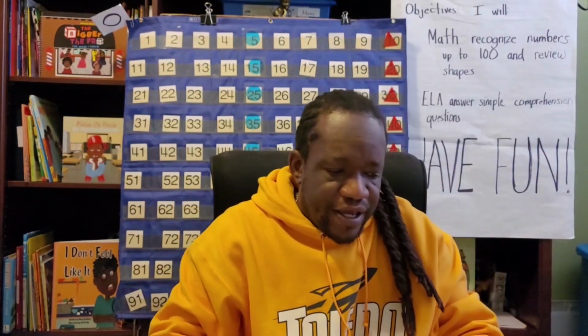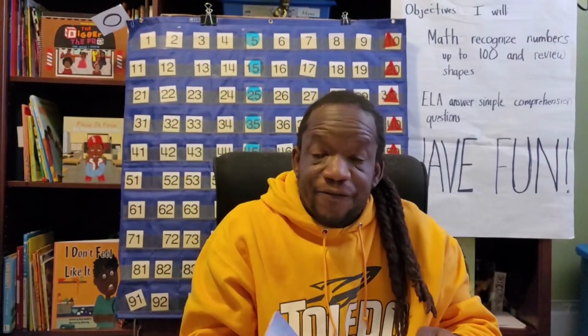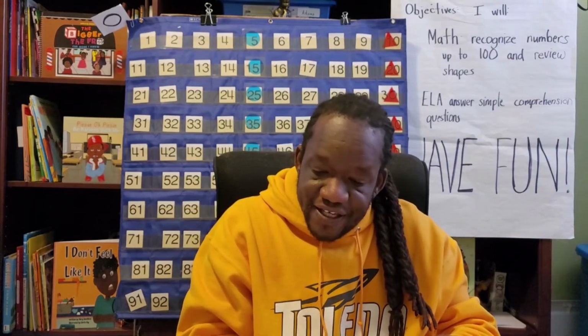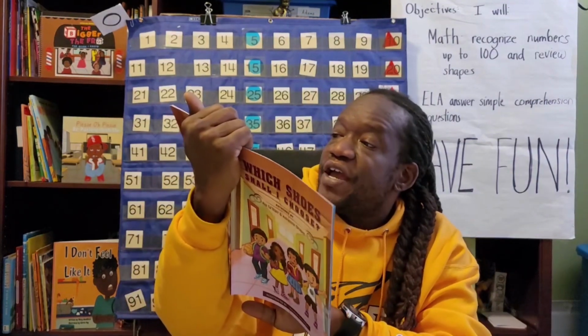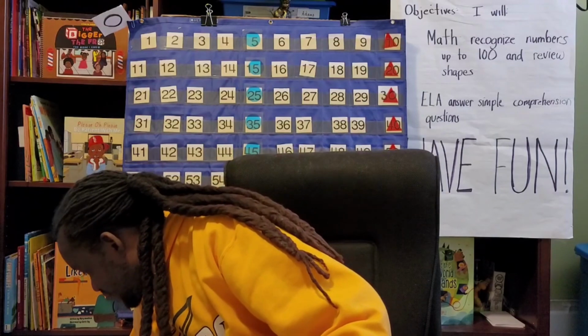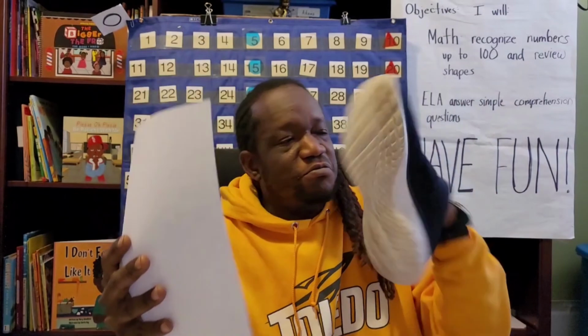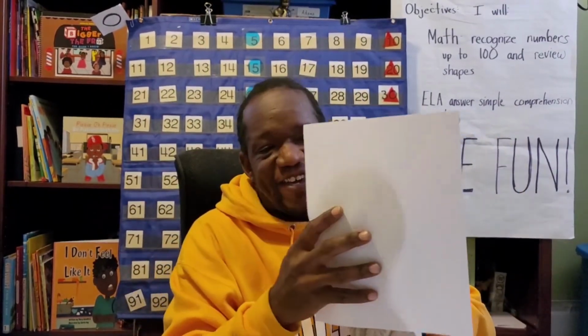What I want you to think about, in the back of which shoes should I choose? In the back, it has some fun facts, but it also has some sole art. And what you can do, if you put the sole of your shoe, woo, stinky feet, on a piece of paper, let's see if it works.